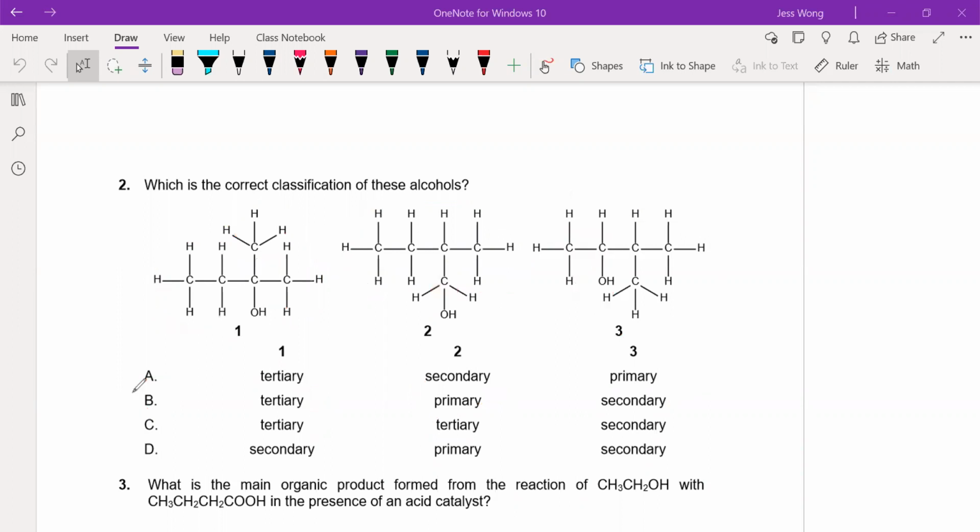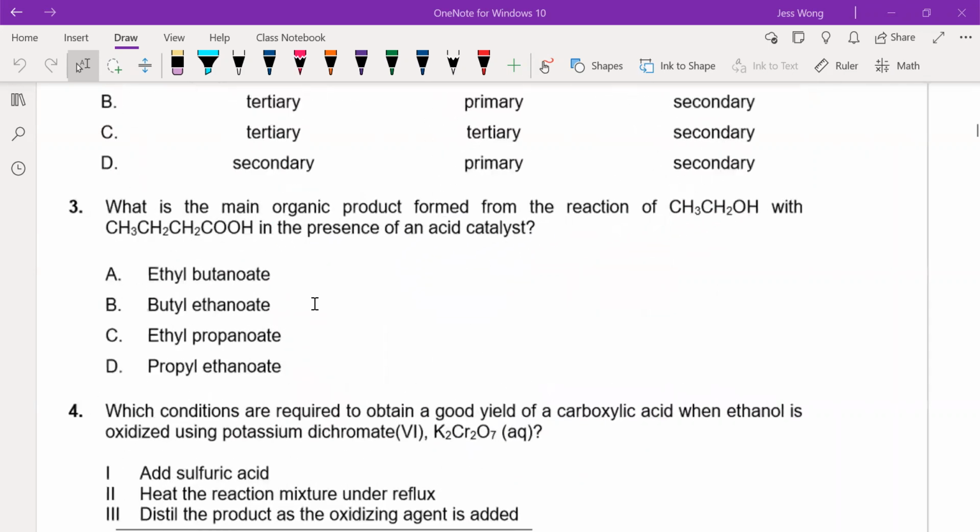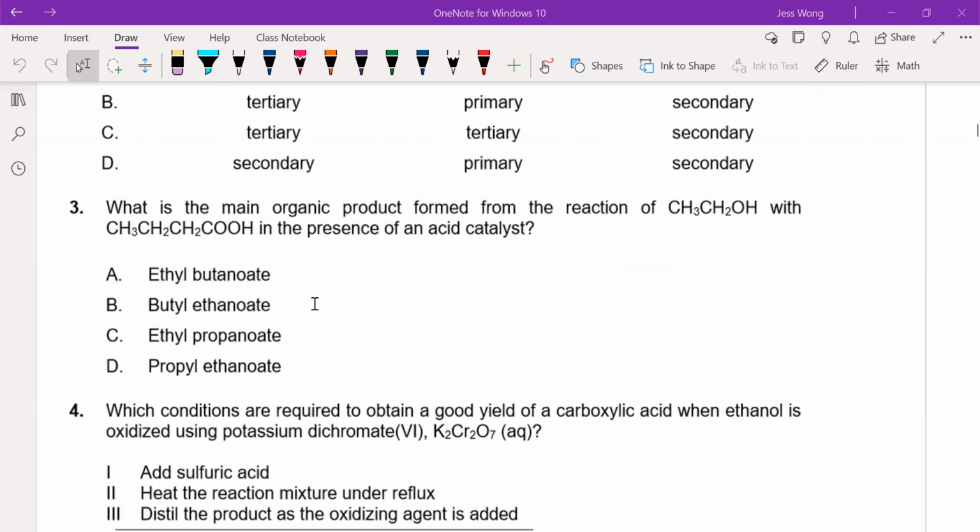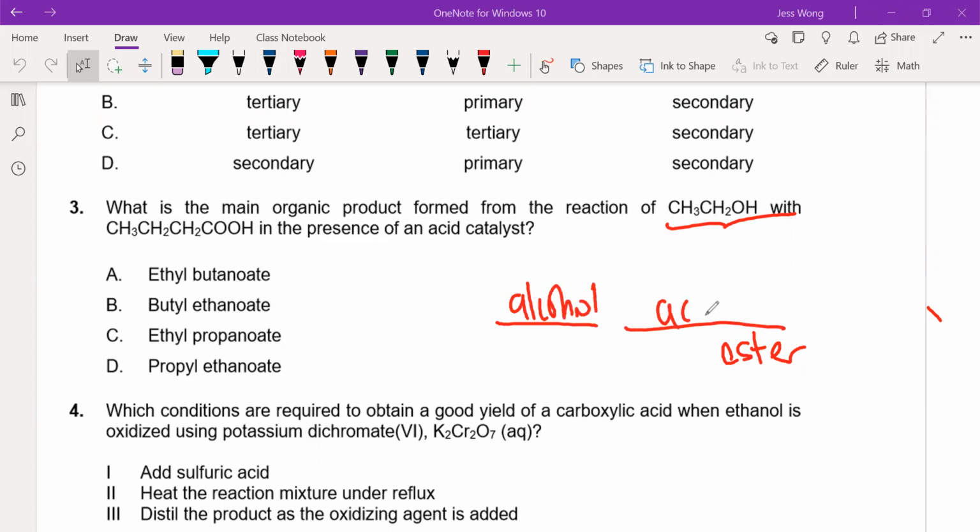Question 3. What is the main organic product formed from the reaction of this alcohol with this acid in the presence of an acid catalyst? Alcohol, acid. Right, when we name an ester, because alcohol and acid form an ester, we name the alcohol part first, then the acid part.